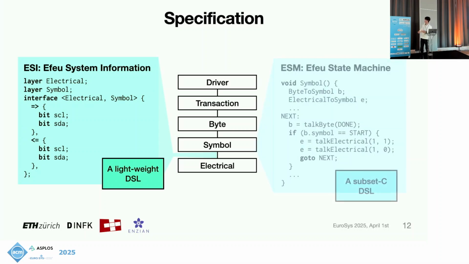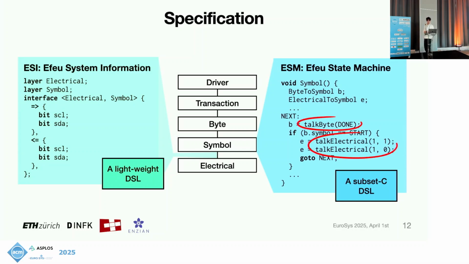After we specify the topology, we specify each layer as a coroutine or finite state machine in another DSL called ESM, a subset of C. We deliberately made this language a subset of C so that we can use existing infrastructure, specifically LLVM, to do the parsing and all the static type checking, and the user also gets very nice error and warning messages from it.